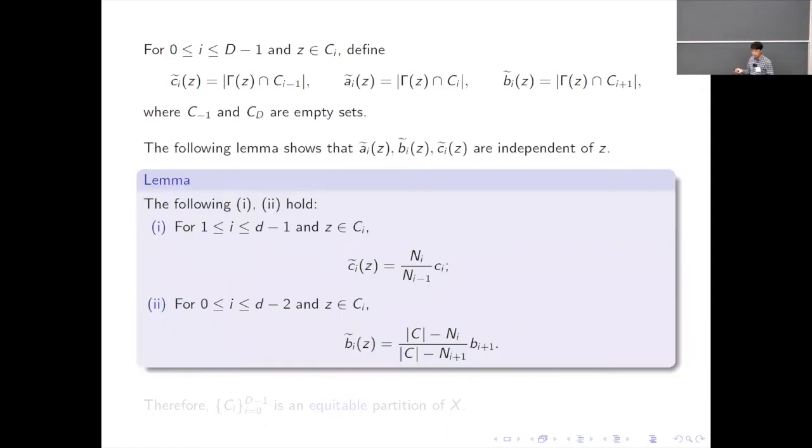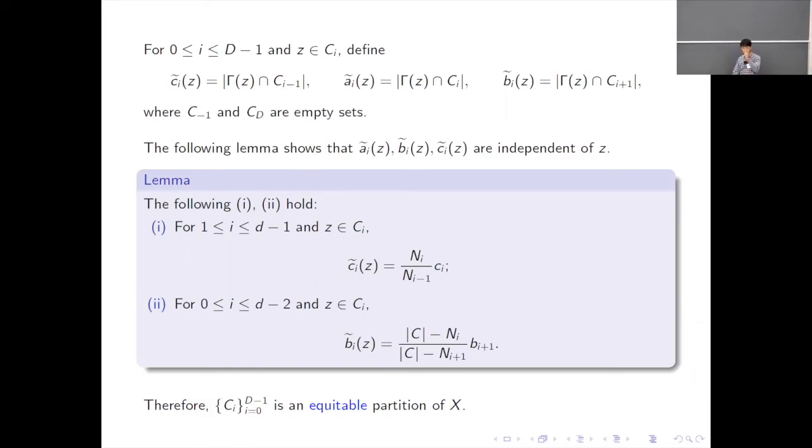Then the following lemma shows that these numbers, which are actually the analog of the intersection numbers with respect to x, are independent of z. So here is the lemma. Actually c_i tilde of z is N_i over N_{i-1} times c_i, and b_i tilde of z is given by this quantity you see there.